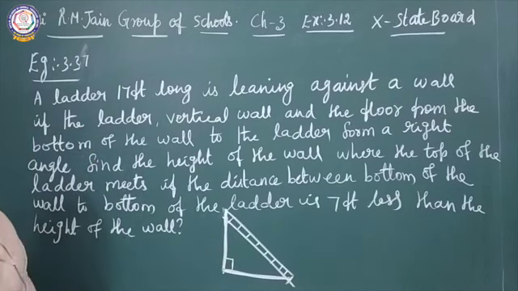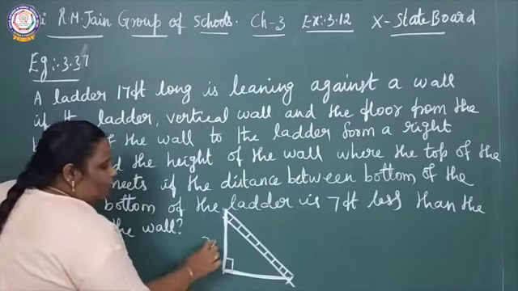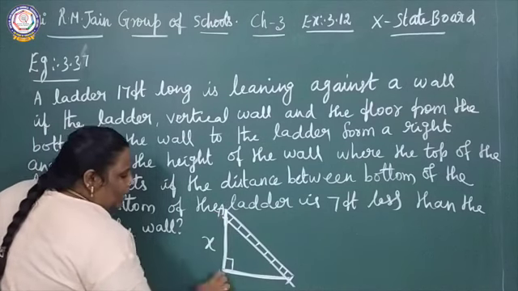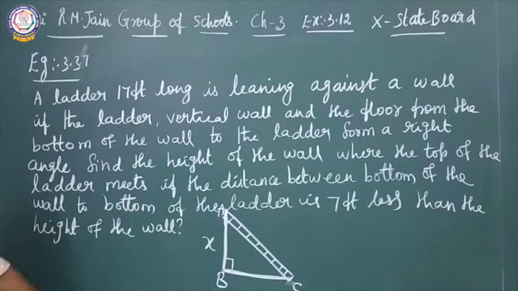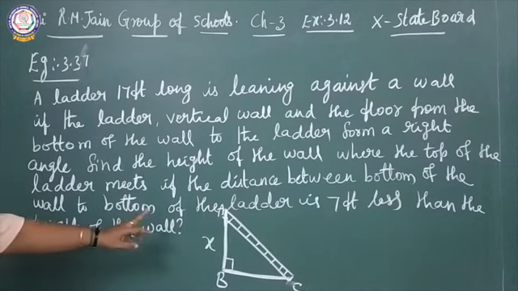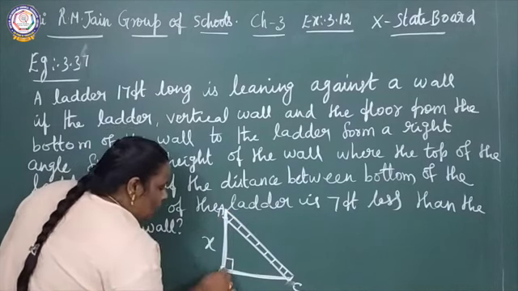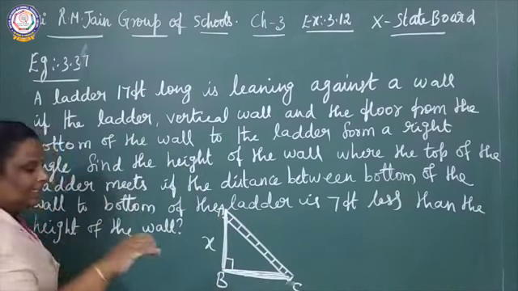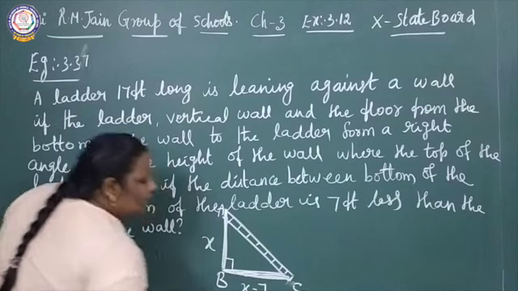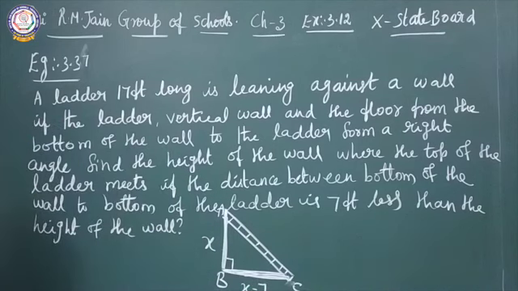So the height of the wall you can take as x. This is A, B, C. If the distance from the bottom of the wall to the bottom of the ladder is 7 feet less than the height where the top of the ladder meets the wall. 7 feet less means x minus 7.